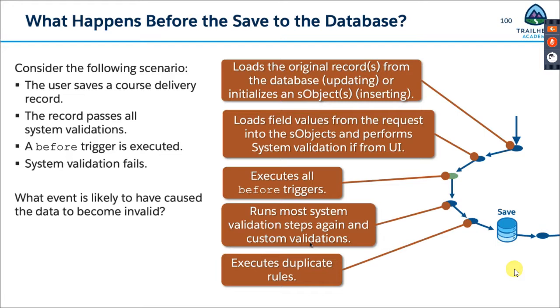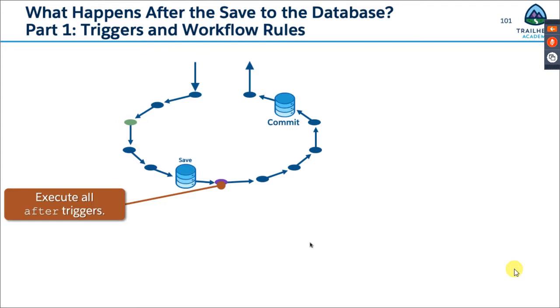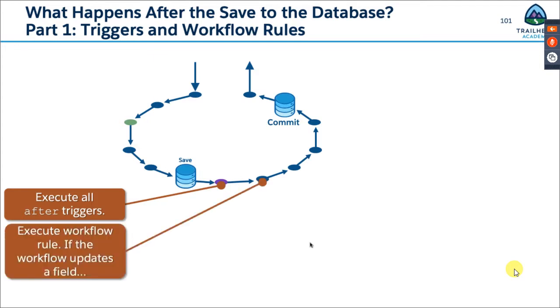Once the record has been saved, it will then execute the after triggers. Once that is done, it will go to the workflow rules and execute those. Now, I know what you may be thinking right now.